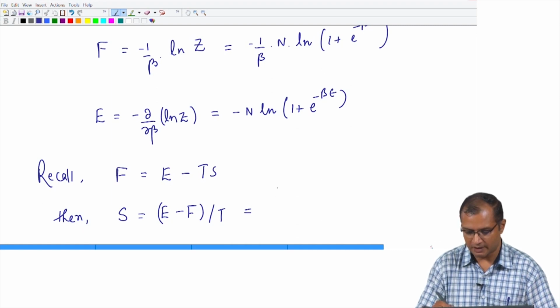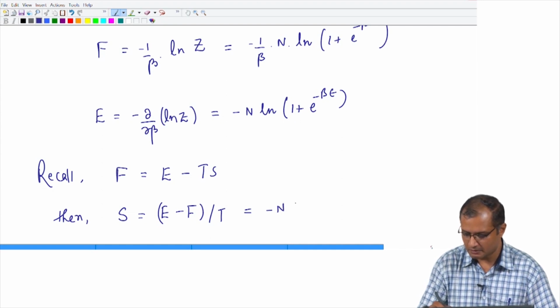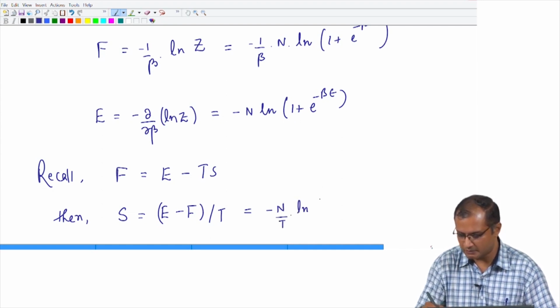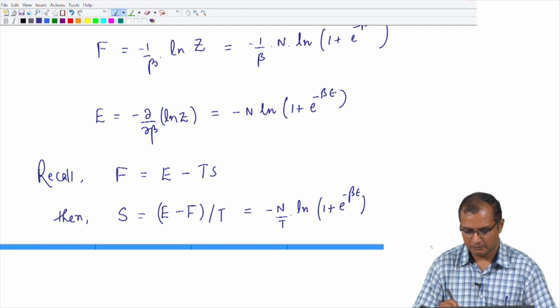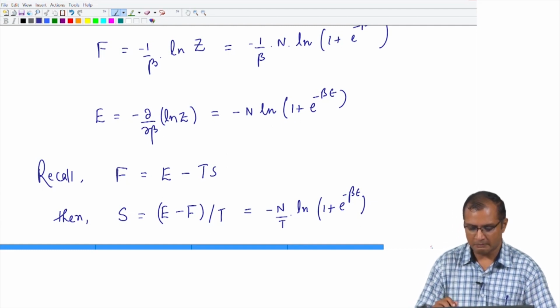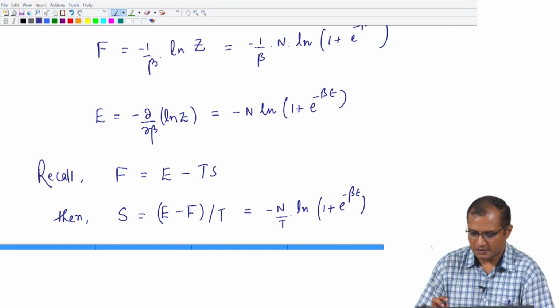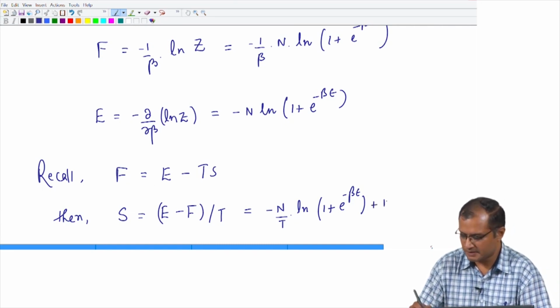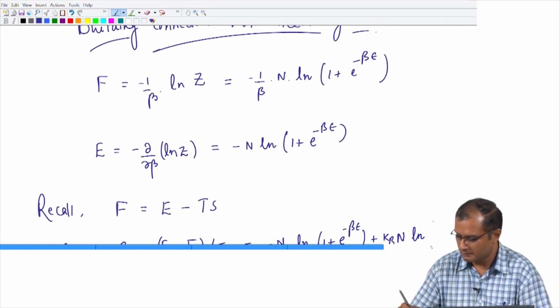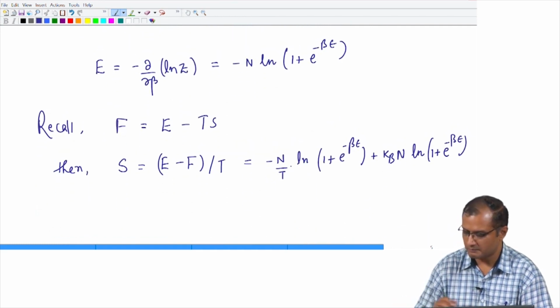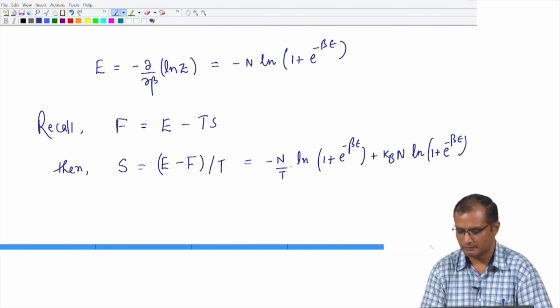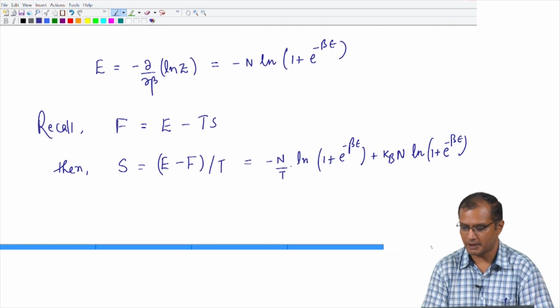So, I am going to write down E and F as minus N epsilon by T into ln of 1 plus e raised to minus beta epsilon, and minus F by T would simply be plus k_B N ln of 1 plus e raised to minus beta epsilon.